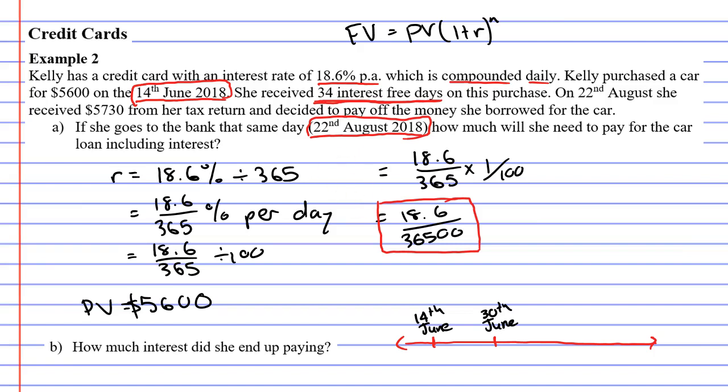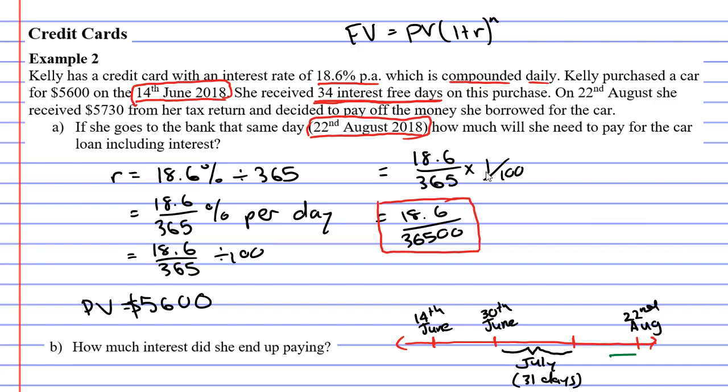Then we've got July. How many days in July? Let's just write that down here. This section represents July, and July has 31 days in it. And then we're in August, and she pays off the loan on August the 22nd. Now there are actually three sections on this timeline.